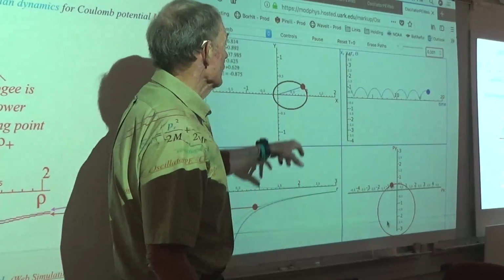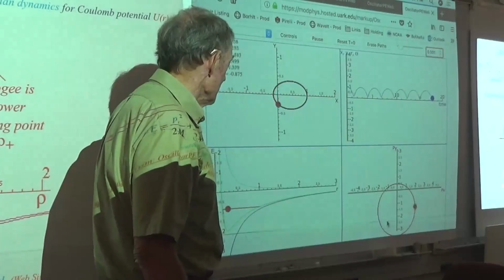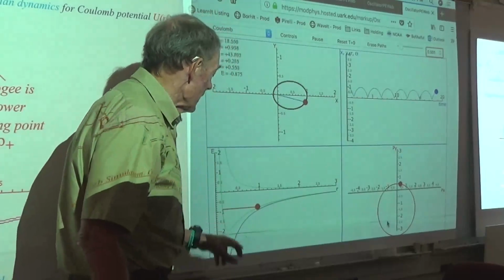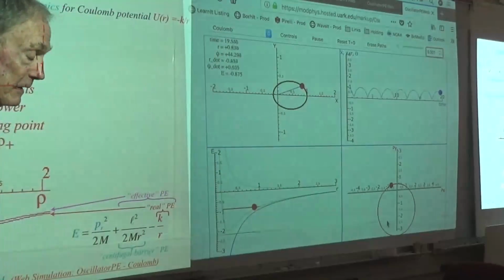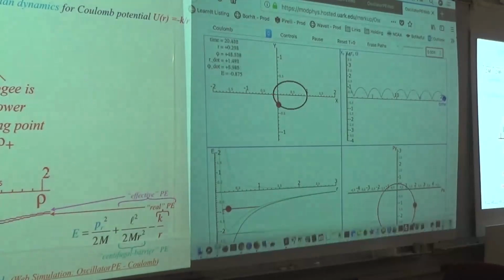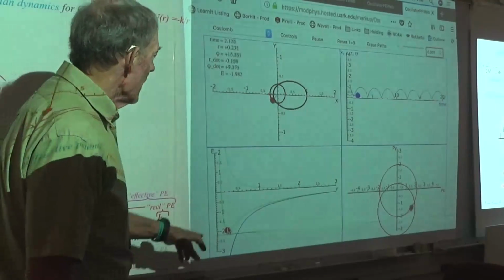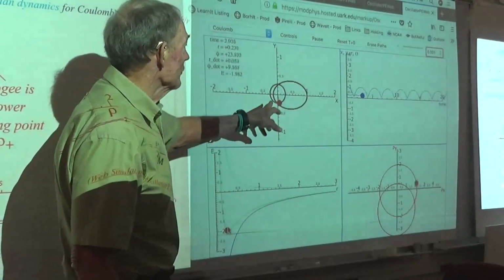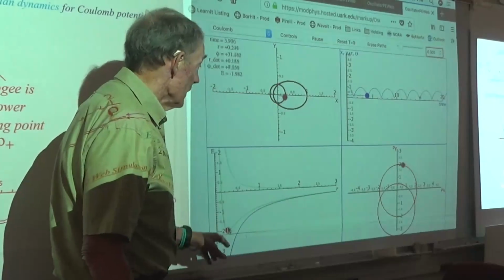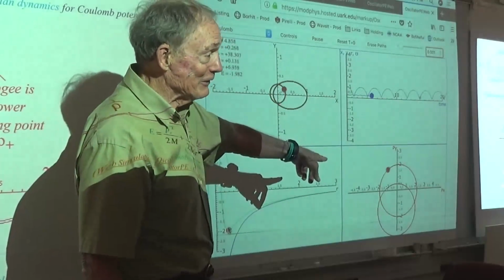You can have a nice circular orbit in a Coulomb field by being at the bottom of a particular effective potential. And I'm trying to see if I can get this thing to that point. I'm not quite there. Again, this is a little bit elliptical, but that one's still a perfect circle.